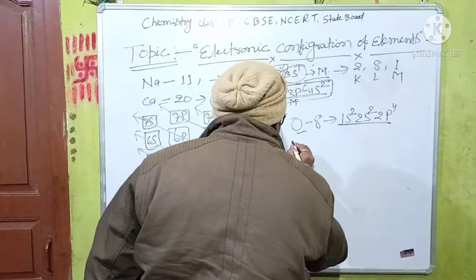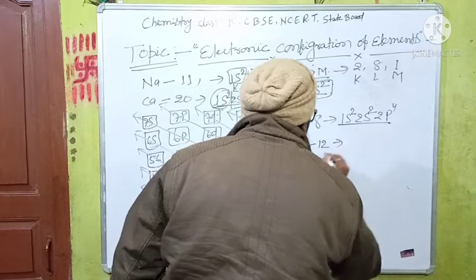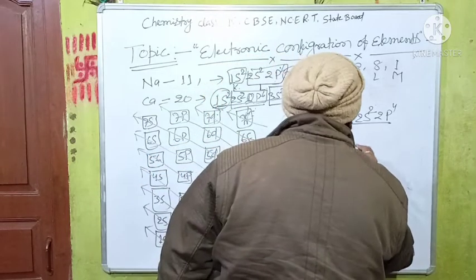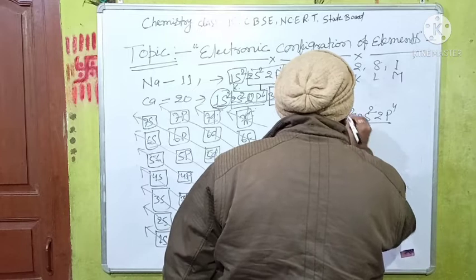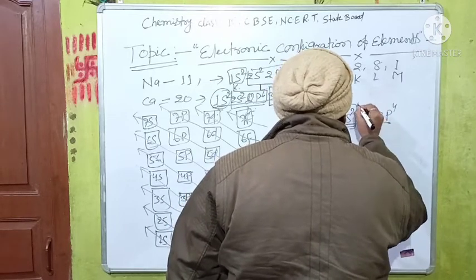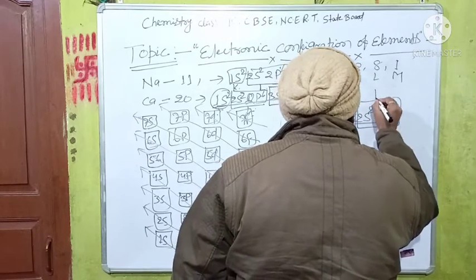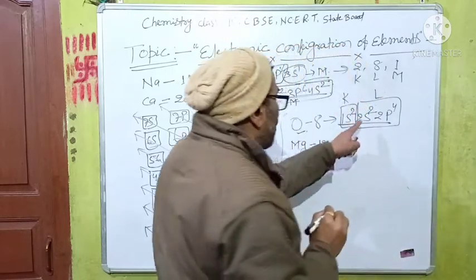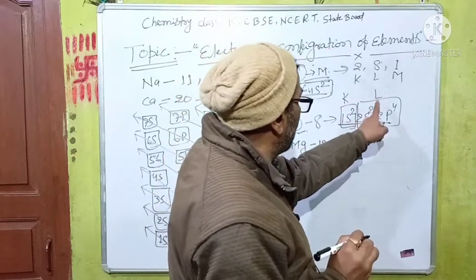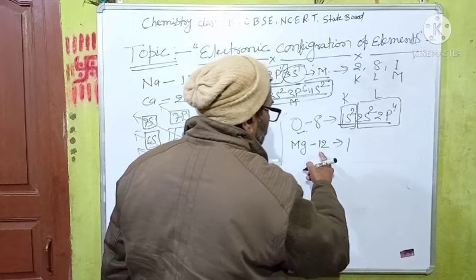For example, we have taken magnesium, whose atomic number is 12.